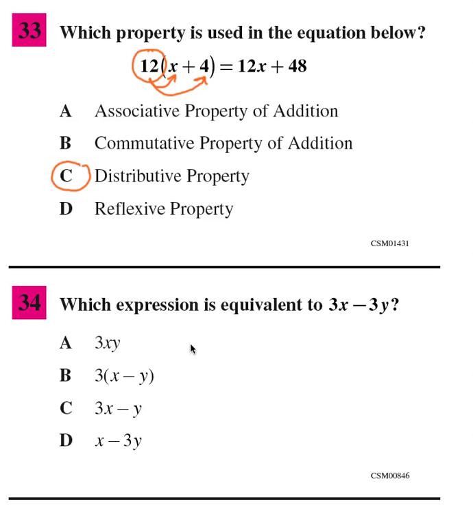So we can look at it as 3 times x minus y. This is the inverse, doing the opposite of the problem above. If we apply the distributive property, we get this product. So this is the undoing of the distributive property. B.